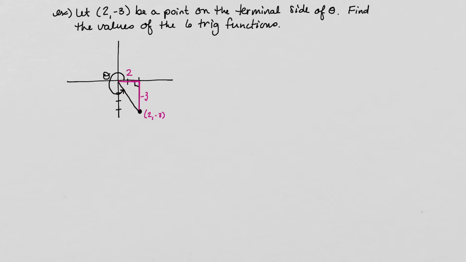And yeah, we're going to use the Pythagorean theorem. To find that missing side, a squared plus b squared equals c squared. So 2 squared plus (-3) squared equals c squared. So 4 plus 9 equals c squared. 13 is equal to c squared. So c is equal to plus or minus the square root of 13. But since we're just dealing with the hypotenuse, and the hypotenuse is always positive, this is going to be the square root of 13.